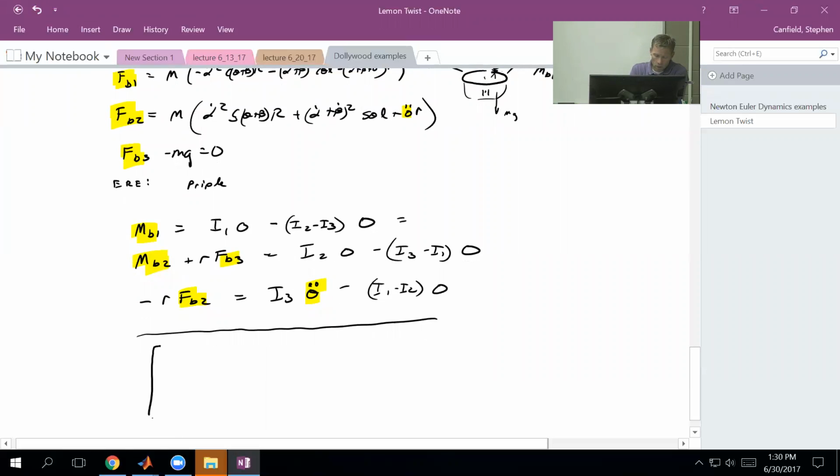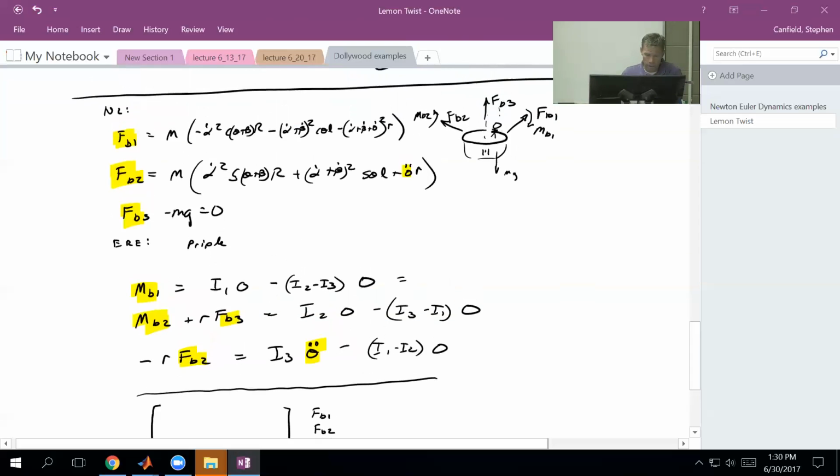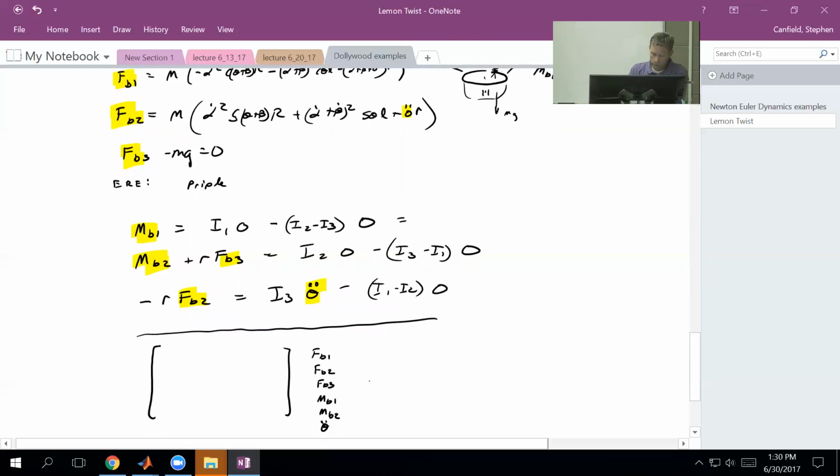To solve, I'll write them as matrix equations. So I'll write down my unknowns: FB1, FB2, FB3, MB1, MB2, and theta double dot. So we can do equals my right-hand side. First equation, we get FB1 times 1. There's no FB2, no FB3, no MB1, no MB2, and no theta double dot.